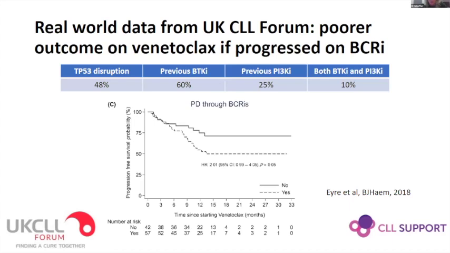About a quarter had had idelalisib, and 10% had both a Bruton tyrosine kinase inhibitor and idelalisib. In terms of their outcomes, if they progressed on their previous B-cell receptor inhibitor, so the dotted line, then they clearly had worse outcome in terms of progression-free survival compared to the solid line for patients who'd not progressed on their B-cell receptor inhibitor.